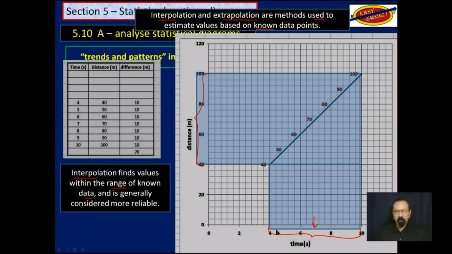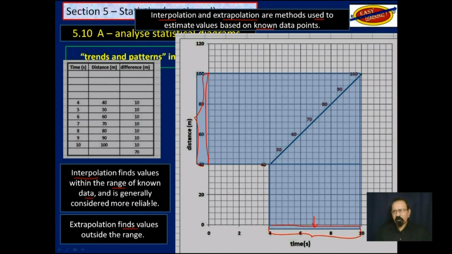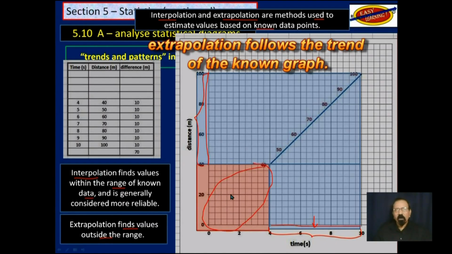Given any time from here to there, we can find the corresponding distance on this side within known data. Extrapolation finds values outside the range. So down in here, we don't have data for this graph, or over on this side up to there. So what we will have to do is extend the graph as you see here, as you see here, and up here.